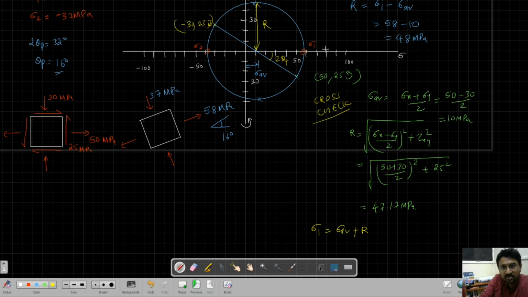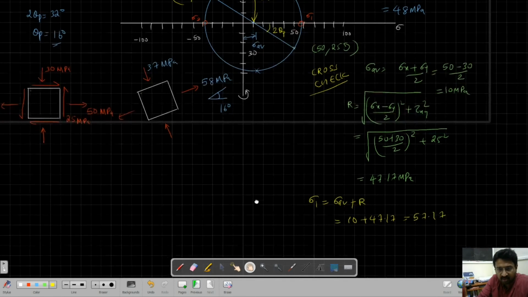So that is 10 plus 47.17, which gives me 57.17. This is very near to 58. The small difference is because of the lack of accuracy of the graph.